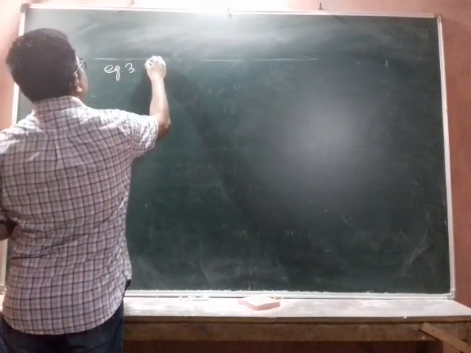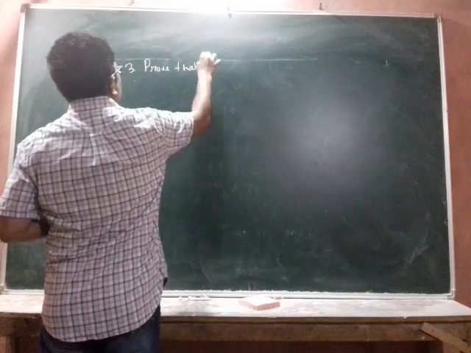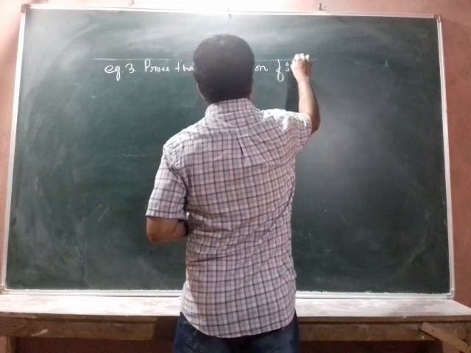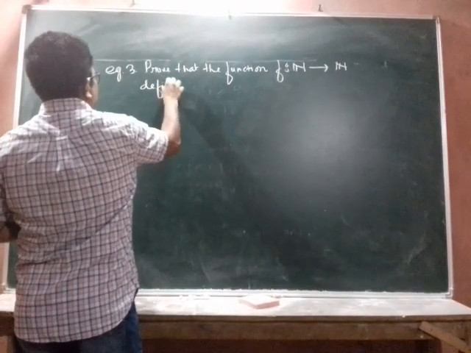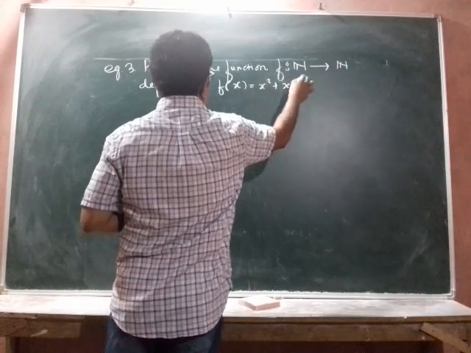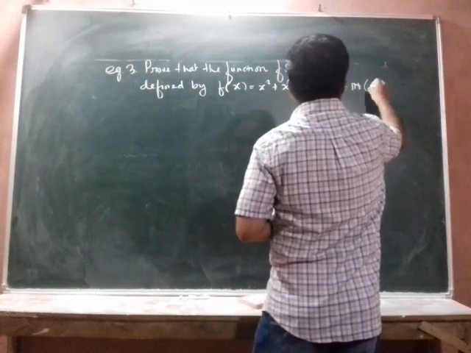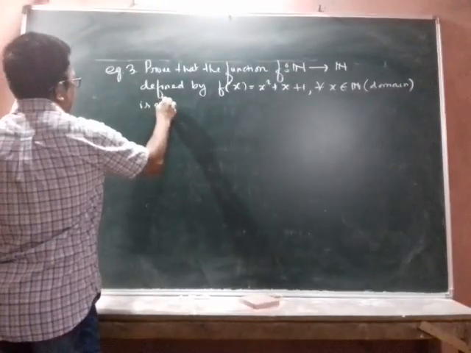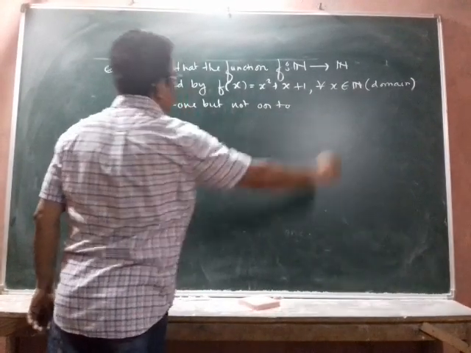Prove that the function f from natural number to natural number defined by f(x) equal to x square plus x plus 1 for every x belongs to the domain is 1 1 but not onto.